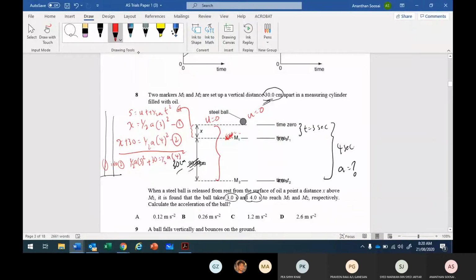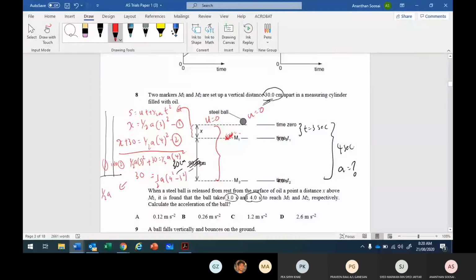So now only one unknown. Find the a. Bring this to the other side. So we get half a times 4 squared minus 3 squared equals 30. So then what do you get?